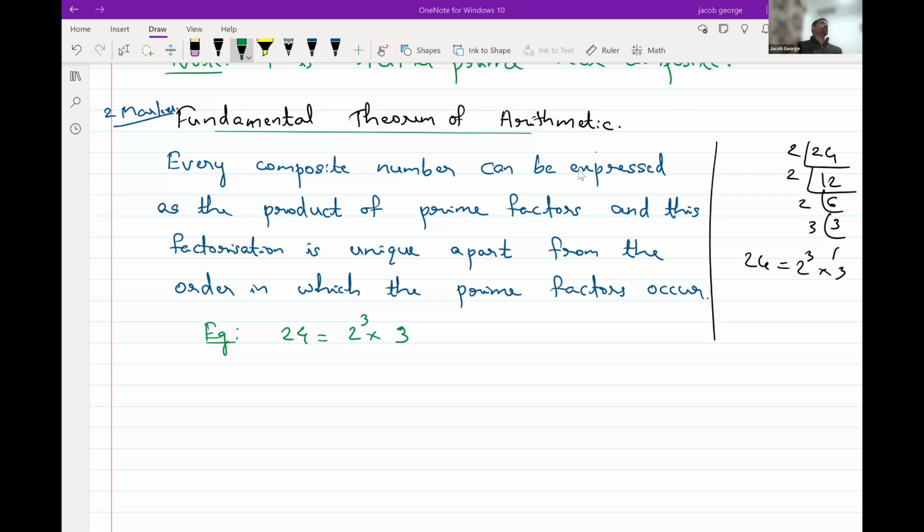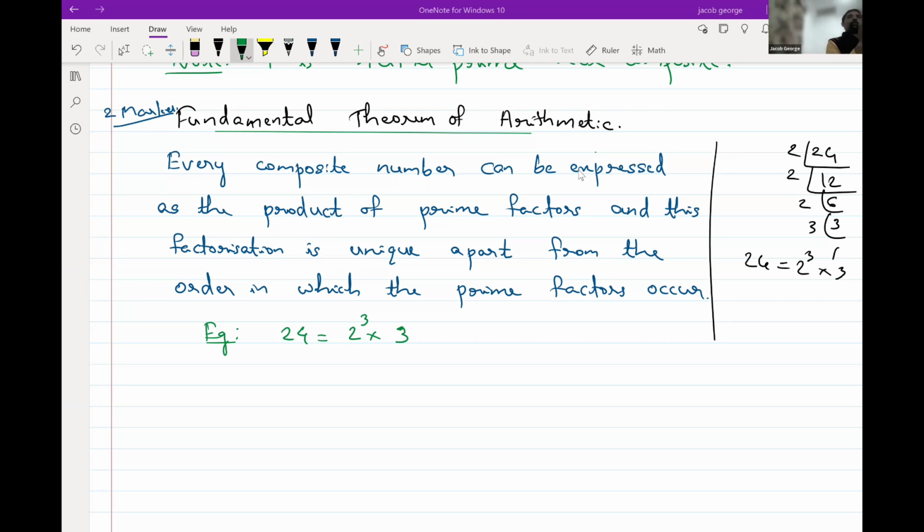Yes, what is the statement? Every composite number can be expressed as the product of prime factors. And the second part: this factorization is unique apart from the order in which the prime factors occur. Did you understand the meaning of that?